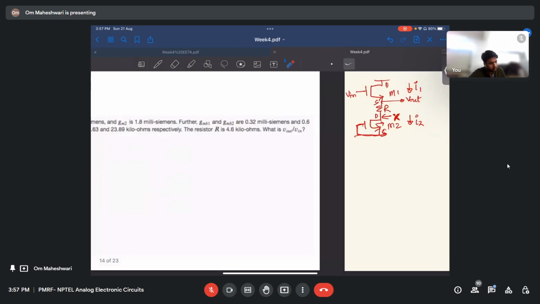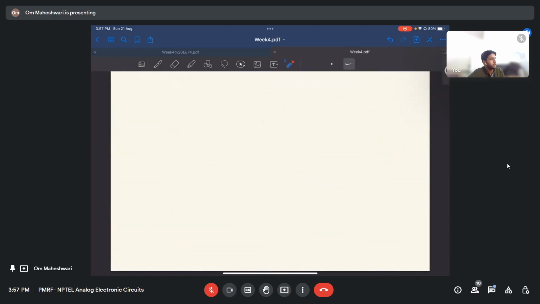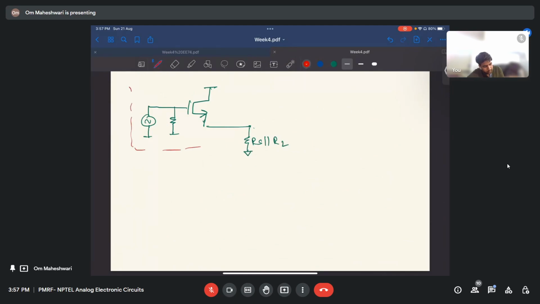Okay, I found an example from the video. I think it is in week 3, first video. They are trying to solve the common drain amplifier. Here it was RS parallel with RL. So Sir has taken the Norton equivalent for this.